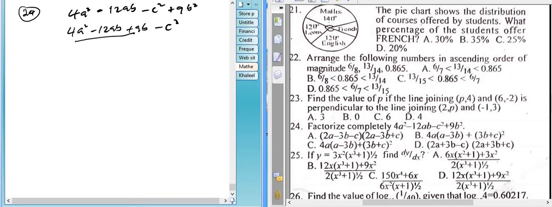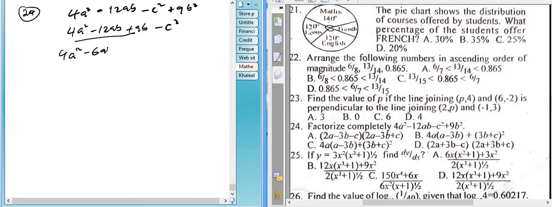Now I can factorize this. We find two numbers whose sum gives the middle term and whose product gives the last term. The numbers are 6 and 6. So 4a² − 6ab − 6ab + 9b², then − c².